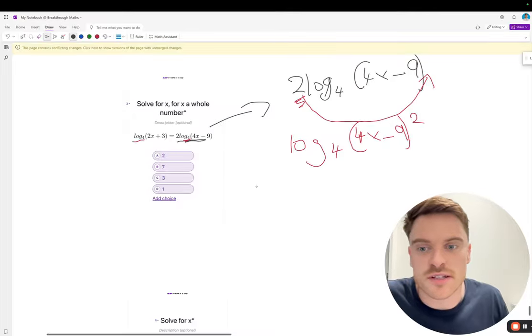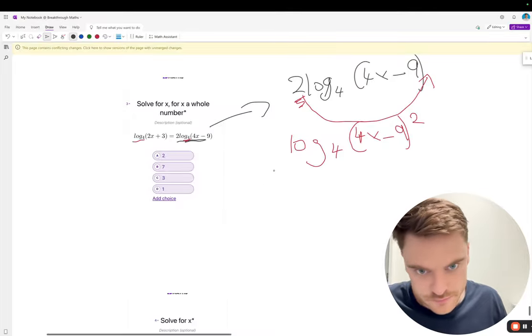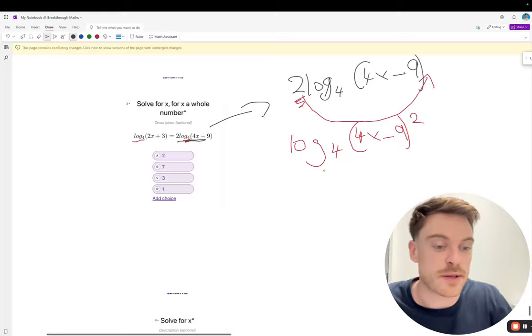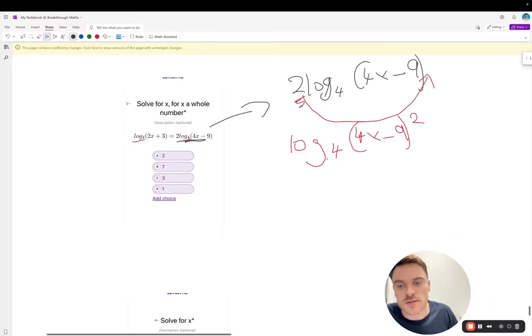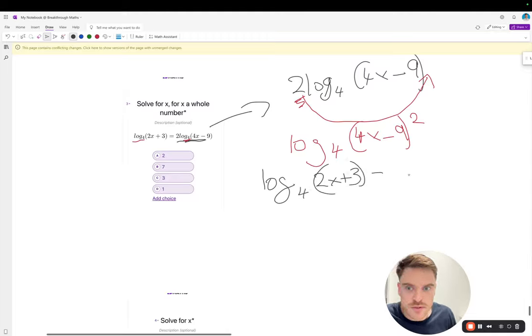So now, if you look on both sides of the coin, you have log 4 of (2x plus 3) is now equal to log 4 of (4x minus 9), all to be squared.